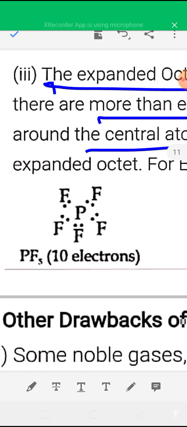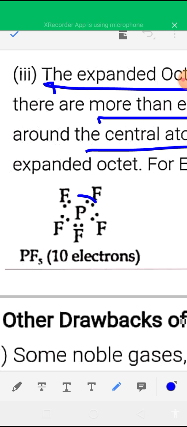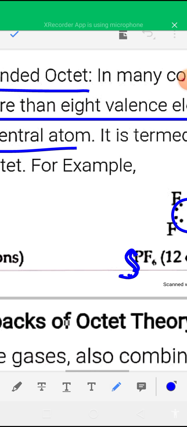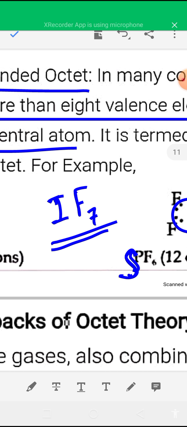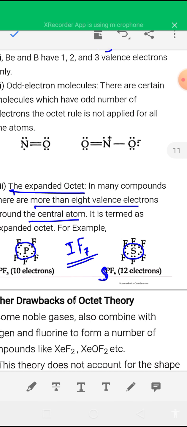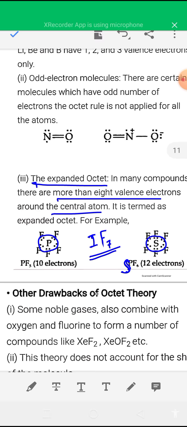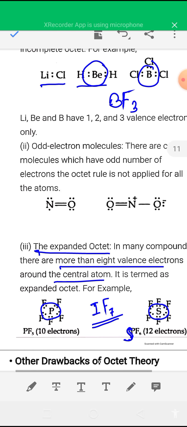In PF5, phosphorus has a total of 10 electrons in its valence shell. In IF7, iodine heptafluoride, iodine has a total of 14 electrons in its valence shell. So in some chemical compounds the octet is expanded, with more than 8 electrons present.